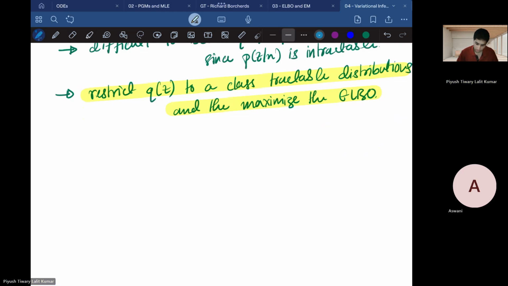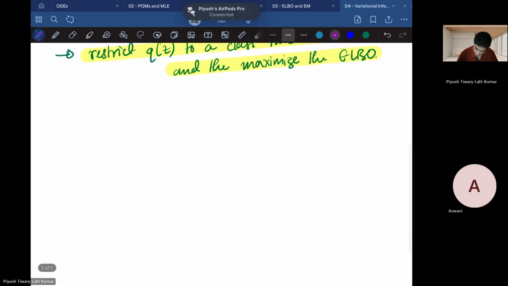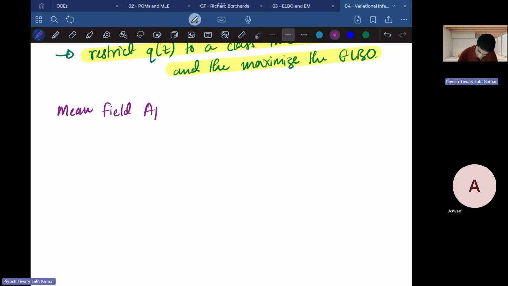So let's start with something called mean field approximation, or this is also called factorized approximation.